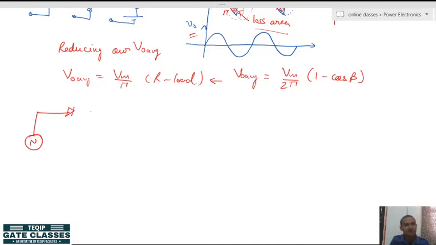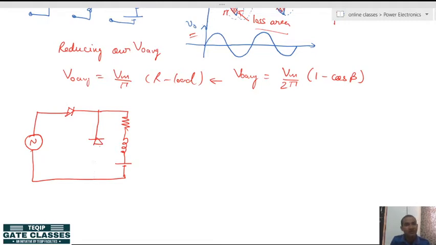If you understand it for the half wave circuit, then you will understand this concept for all types of circuits, whether single phase half wave, full wave, or 3 phase half wave, full wave. So this was our load, and for the time being I am taking RLE type load, and this is the freewheeling diode arrangement.